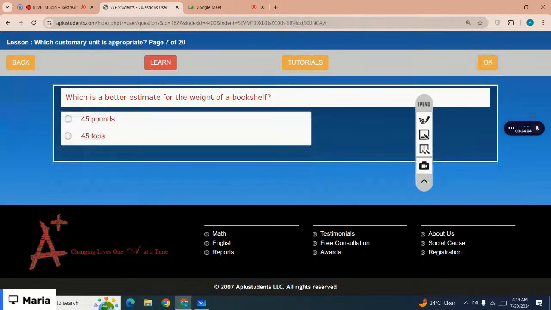Which is the better estimate for the weight of a bookshelf? So, which is the correct option?